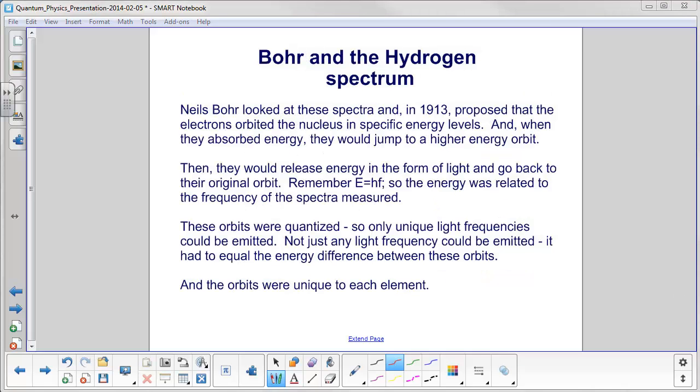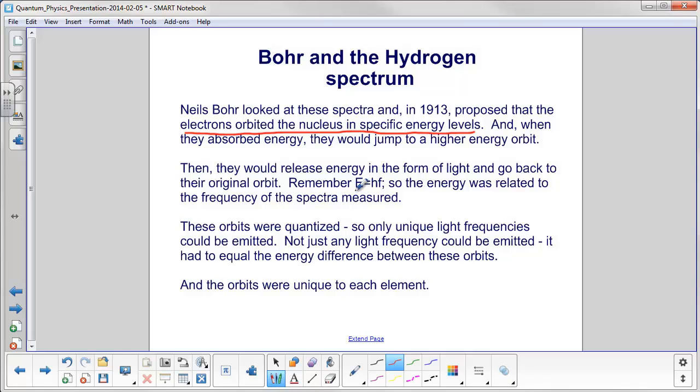Niels Bohr worked with these spectra, and in 1913 proposed that the electrons orbited the nucleus in specific energy levels. And when they absorbed energy, they would jump to a higher energy orbit. After a while, they would release this energy in the form of light and go back to their original orbit.